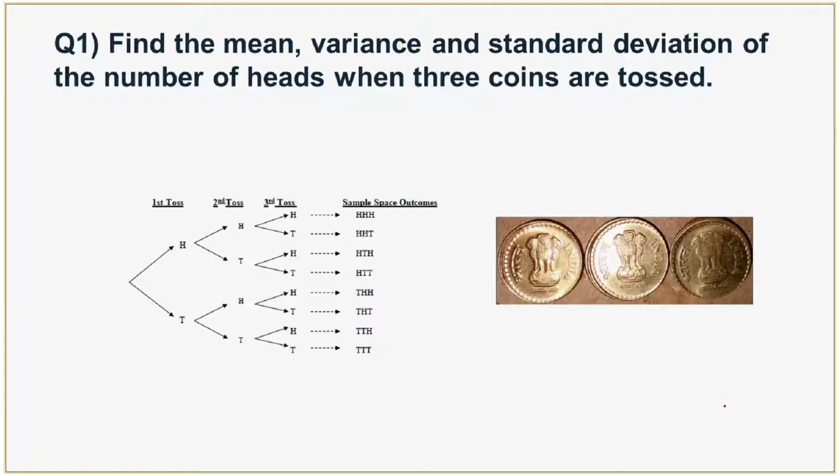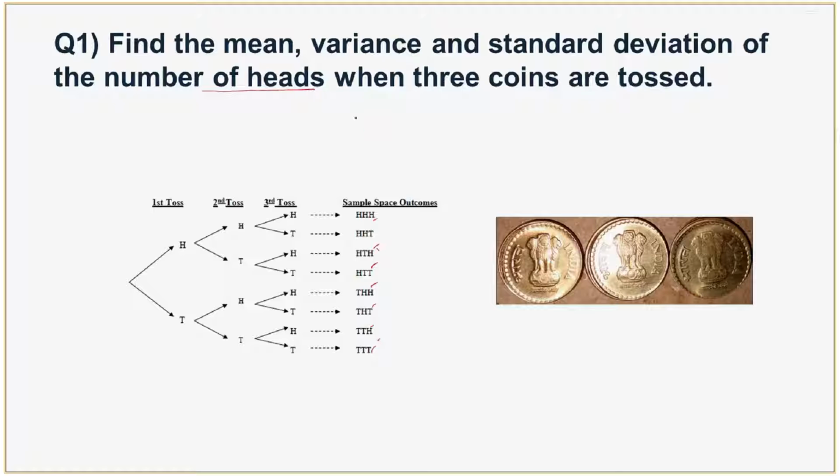Find the mean, variance and standard deviation of the number of heads when 3 coins are tossed. When 3 coins are tossed, these are the possible outcomes. These 8 outcomes are there when the coin is tossed. And you have to find the mean, variance and standard deviation of the number of heads.